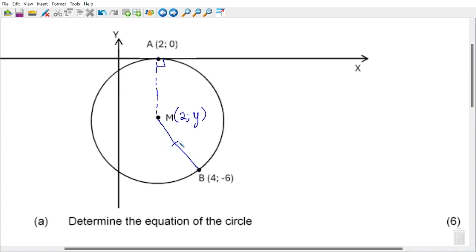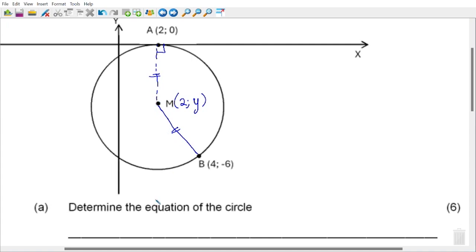Both of them are radii. So we're going to make a little equation now. The distance AM is actually just equal to 0 minus y. It's just the change in the y values.